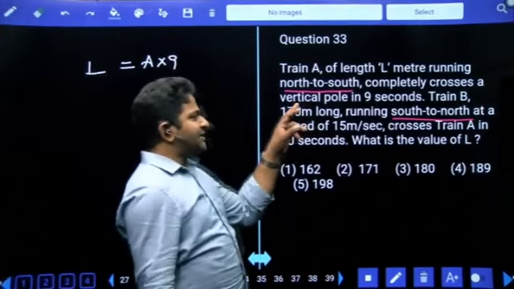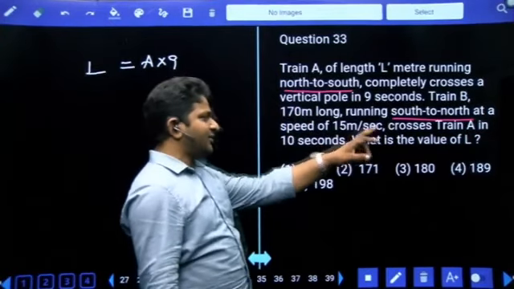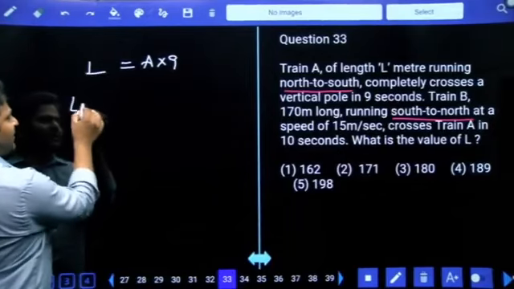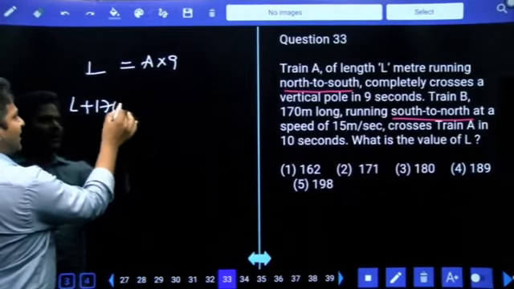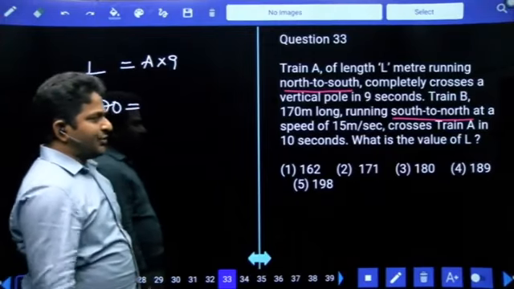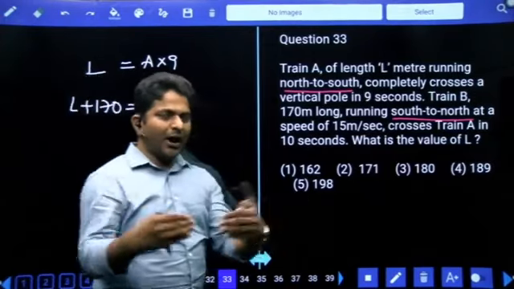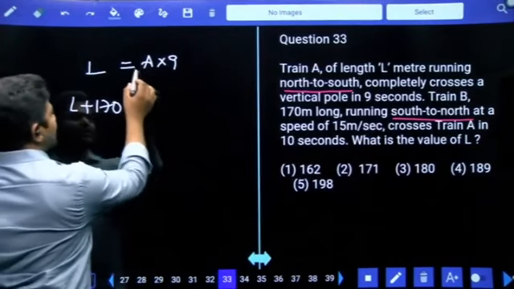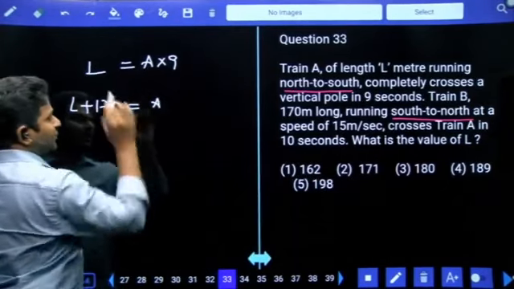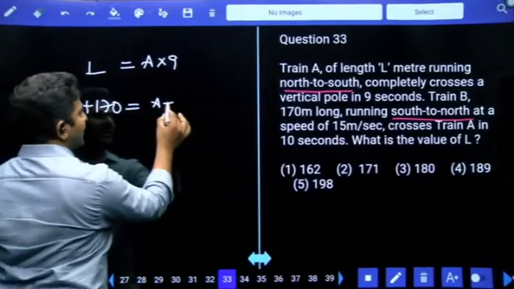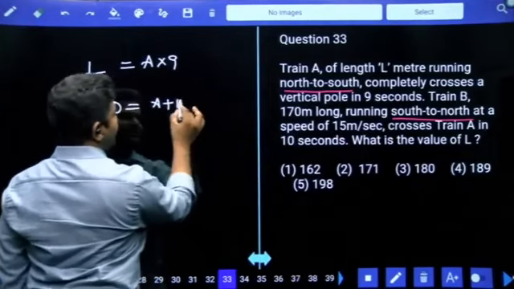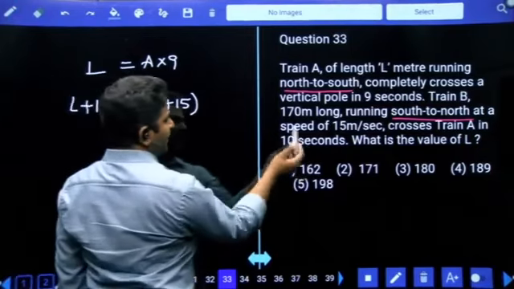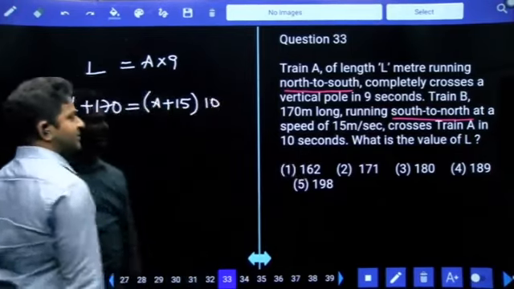Now in the second case, train B is crossing train A. Distance traveled is equal to train A length plus train B length. That is equal to speed into time. When they are moving opposite to each other, relative speed is S1 plus S2. S1 we thought was A, plus train B speed is 15, into the time taken in this particular case, 10 seconds.